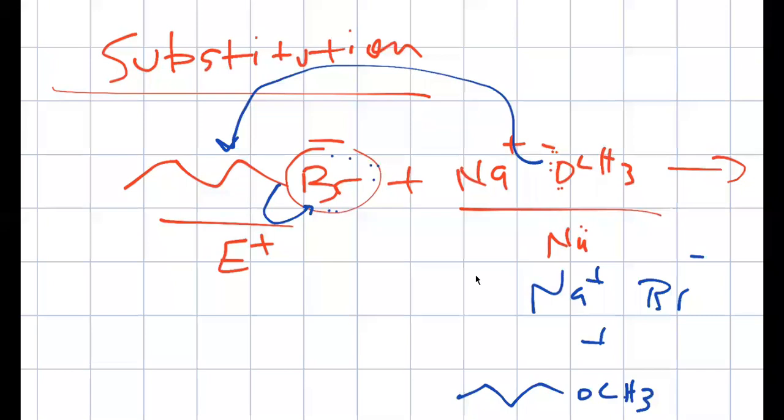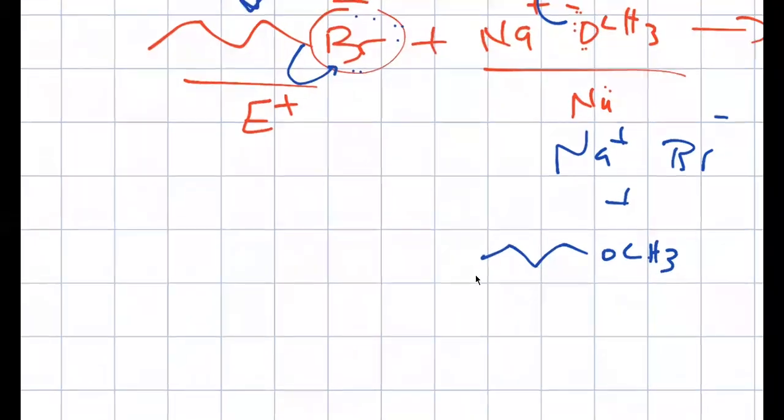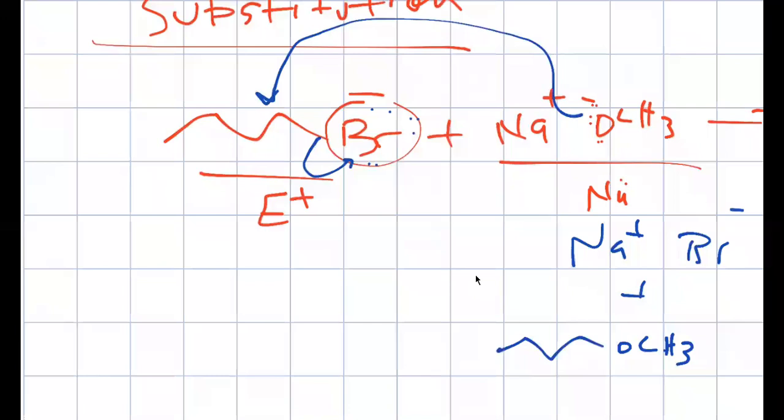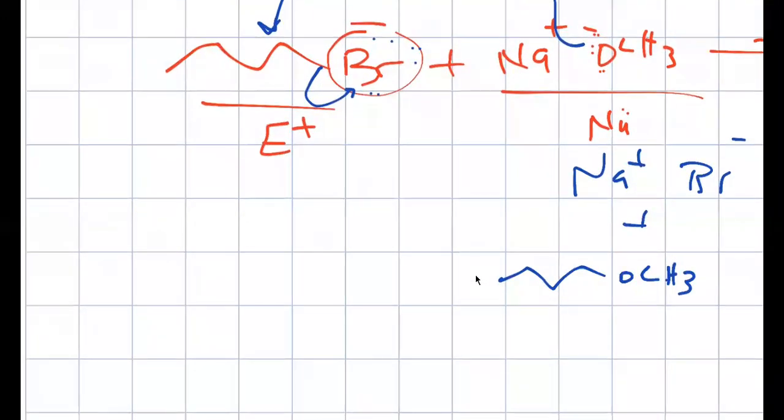All right. So when you do a substitution like this, we're going to talk about two different pathways for substitution. It can be direct, like it is here, or concerted.